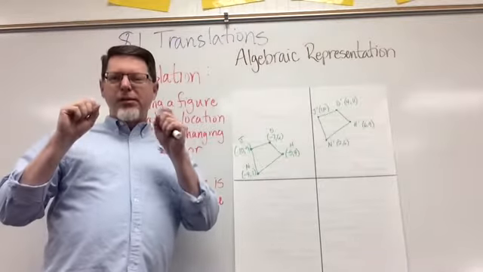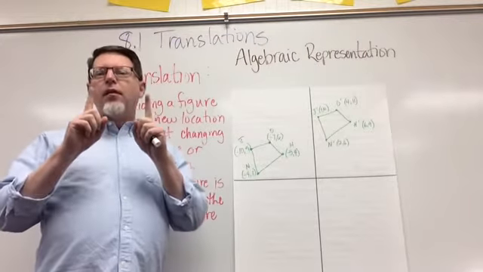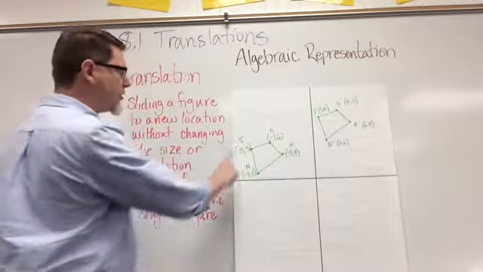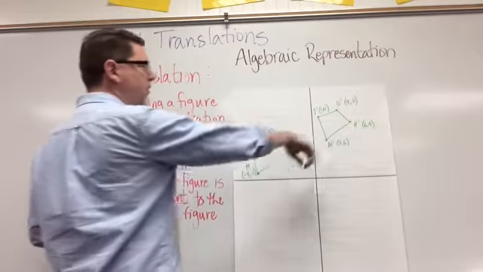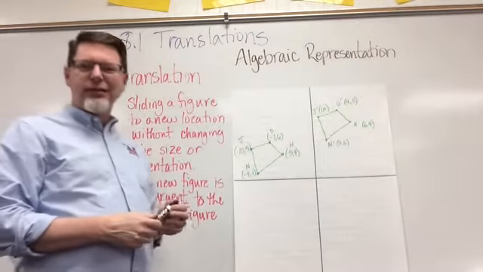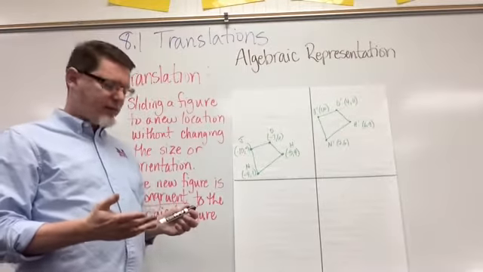So I want to pay specific attention to one set of points. We're going to start with the J's, okay? My original J is negative 10, 5. My new J is 1, 10. So how did I get there?